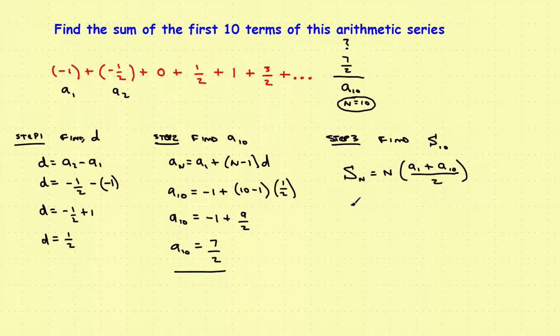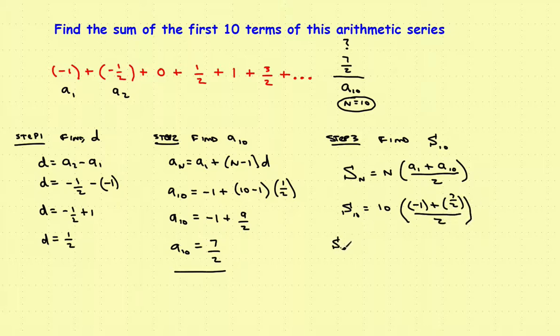Now we'll plug in what we know. So we want the sum of the first 10 terms. n is equal to 10. The first term was -1, plus the 10th term was 7/2, all divided by 2.